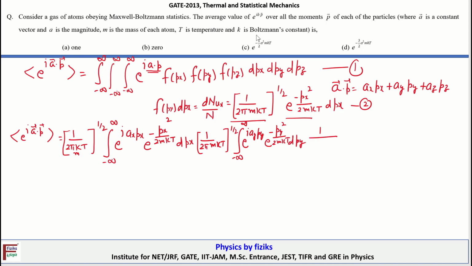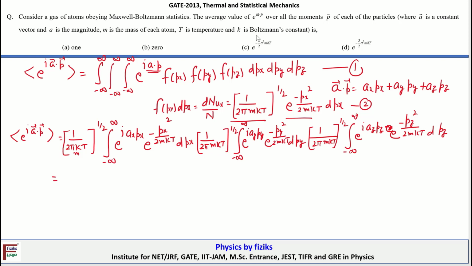And then the last term involving the z component, 2 pi m kt to the power 1 by 2, from minus infinity to infinity, exponential iota az pz, and the exponential term exponential minus pz square upon 2m kt, dpz.